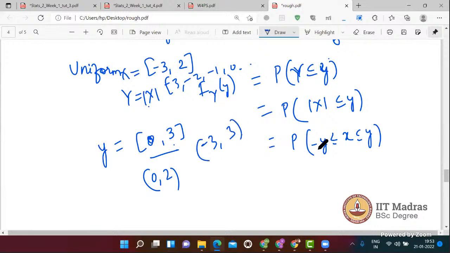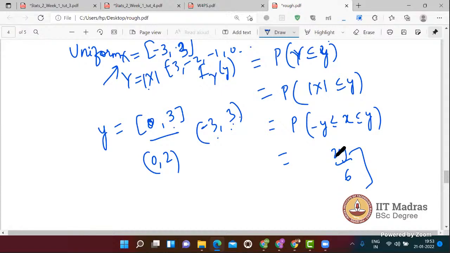But here 0 to 2 is coming, while 2 to 3 is not coming inside that support of Y. If it was minus 3 to 3, there would be no difficulty in solving this question; you could directly write it like 2y upon 6. But here you don't have that. You already had minus 3 to 2.